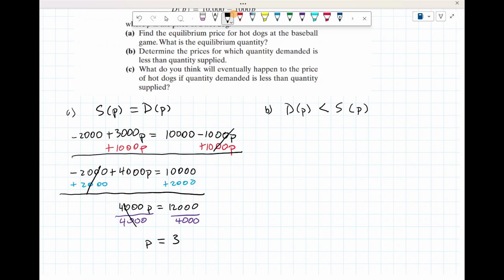Again, we just plug in our formula. So our demand formula, we plug in, then we plug in our supply formula. And we solve. And again, this will be almost exactly the same. So I'm going to do this rather quickly without talking too much.